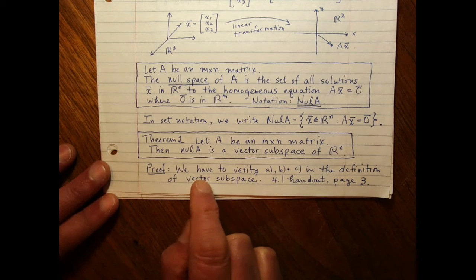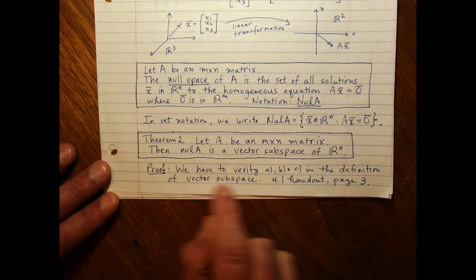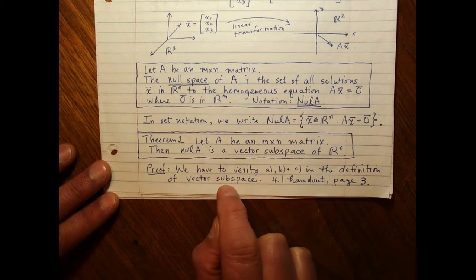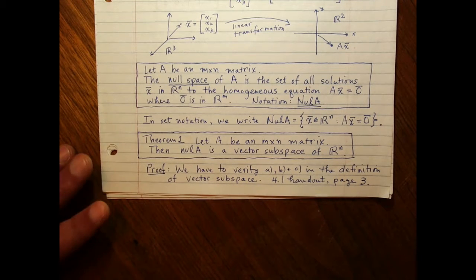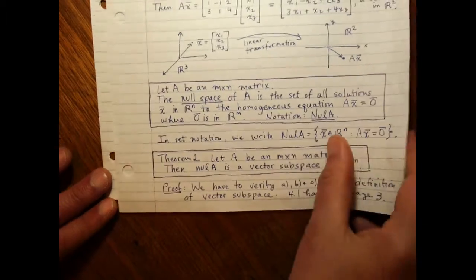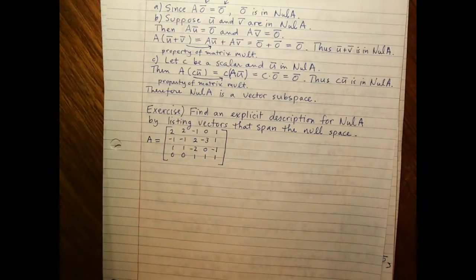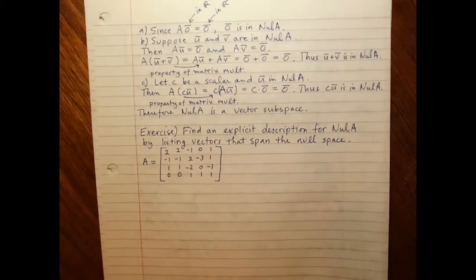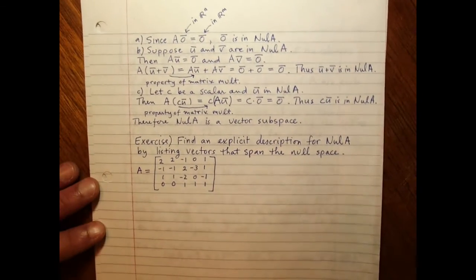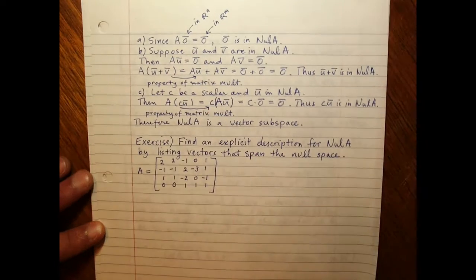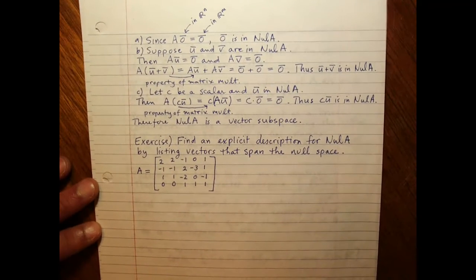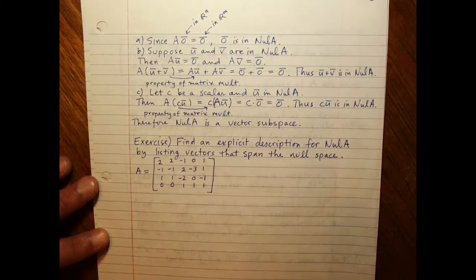And it's not too hard to verify properties A, B, and C of the vector subspace definition from 4.1. Since A times 0 equals 0, 0 is in the null space. That's the first property we have to verify.